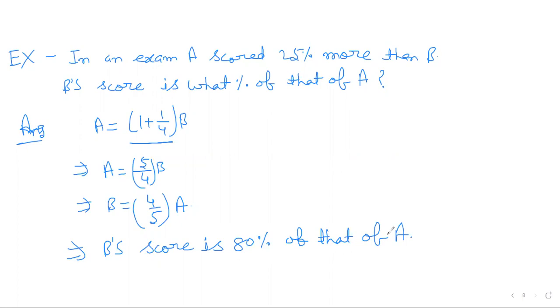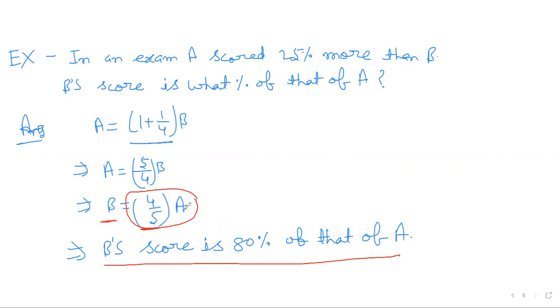And how can I say this? B's score is 80% of that of A because of this. B is 4 upon 5 into A. 4 upon 5 is the multiplication factor.